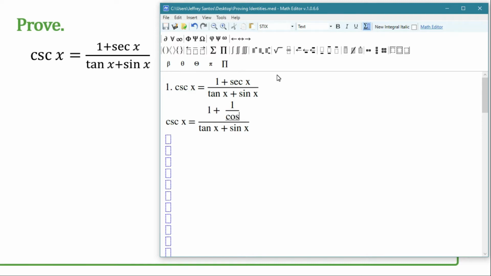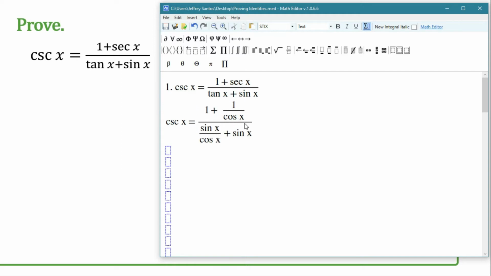Next, using the ratio identity, we can represent tangent of x as the sine of x over the cosine of x.